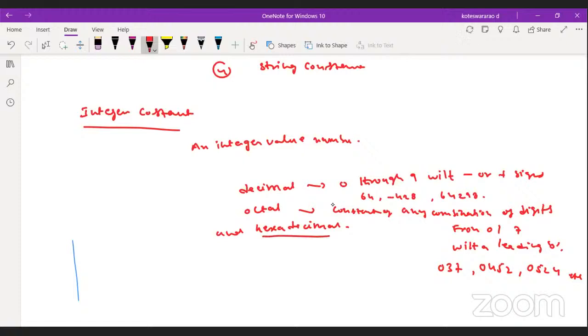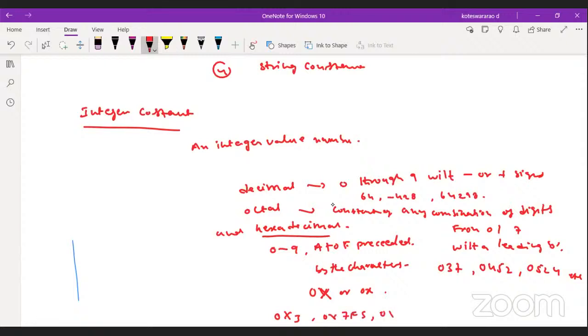Now coming to the hexadecimal. These integers consist of digits 0 to 9 and A to F, preceded by the characters 0X or small 0x. Some examples: 0X3 or small 0x7F5.